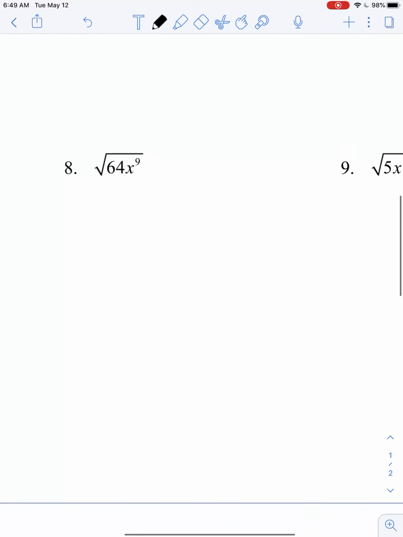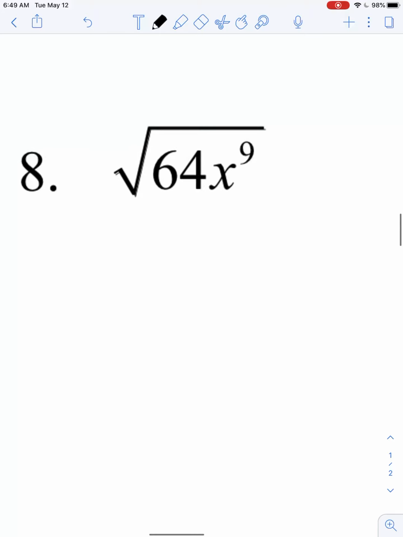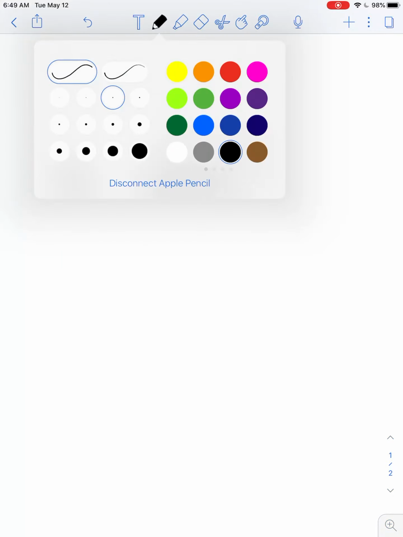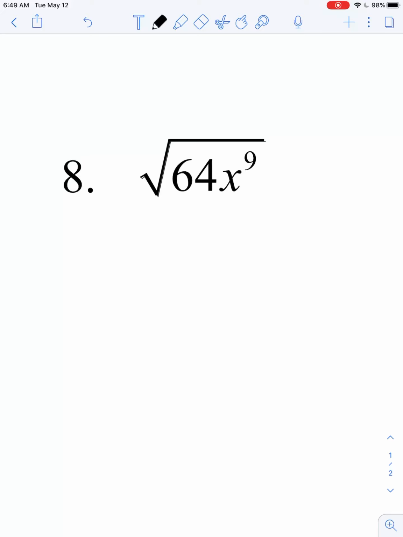All right, a couple more quick ones. You're getting this by now, I'm sure. All right, so number 8. Is 64 a perfect square? We check our chart and it is. Is x to the 9th a perfect square? It is not, because 9 is an odd number. Let's break these into two parts to help us out.